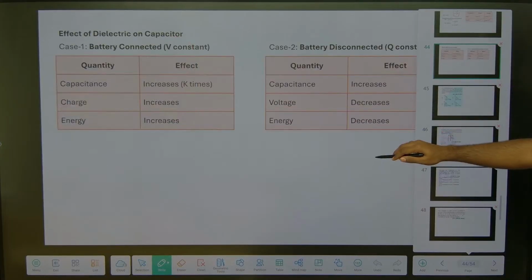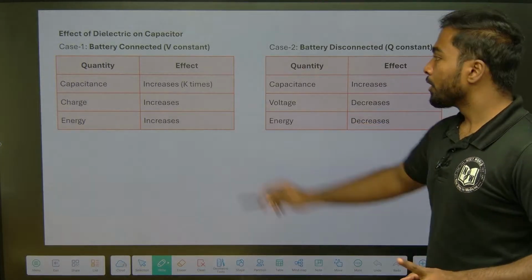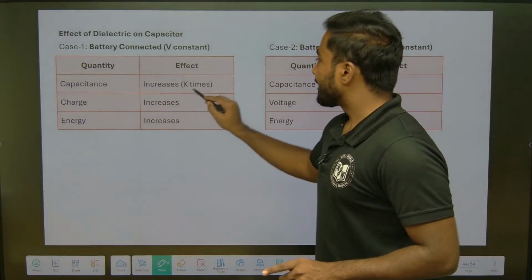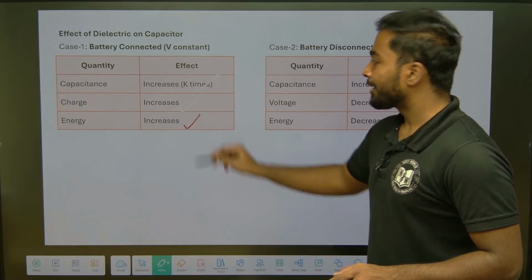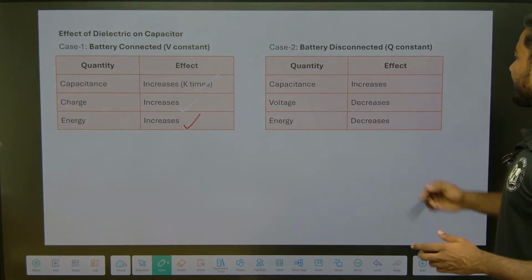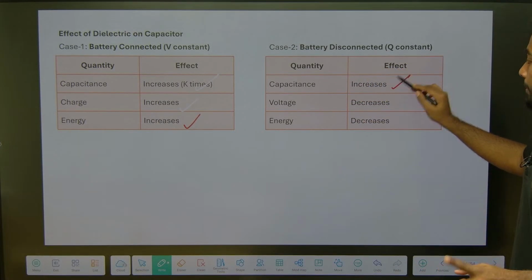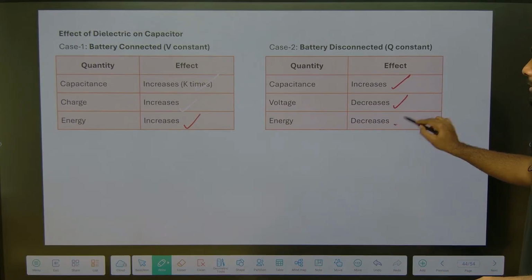So, the effect of a dielectric on capacitors. When the battery is connected, the capacitance increases K times, and the charge also increases and the energy also increases. But when we disconnect the battery, the capacitance increases but the charge stays the same, while energy and voltage decrease. Why?